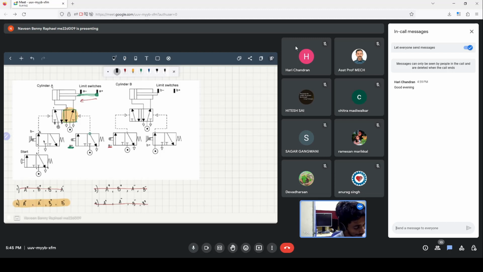Since the cylinder A has retracted, it's now at A minus, and therefore this region of the directional control valve has been activated.